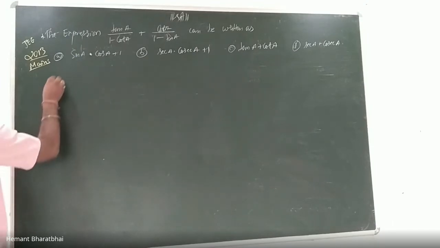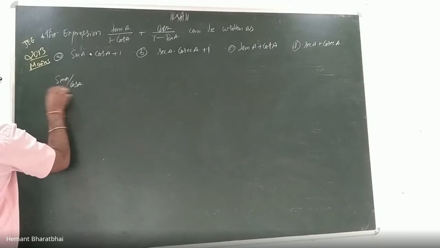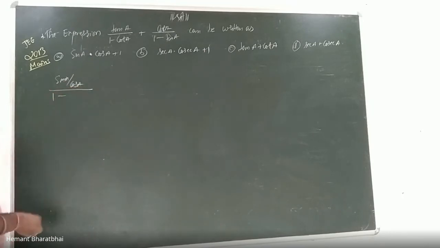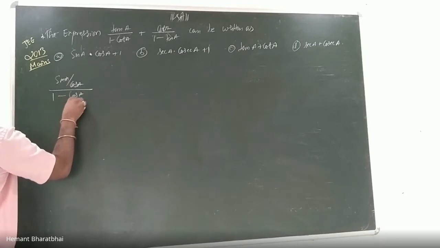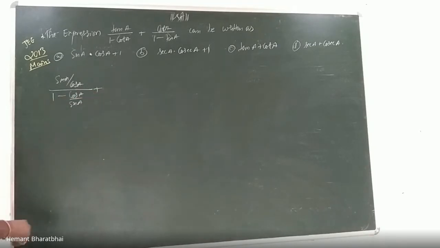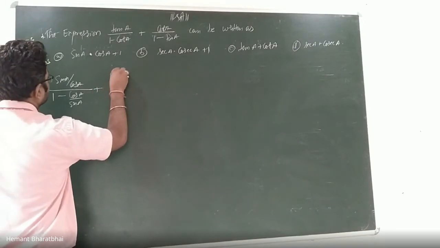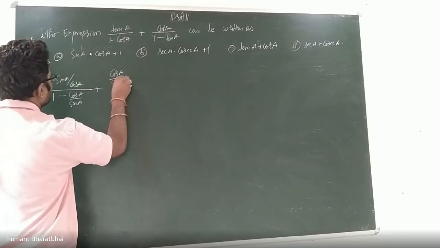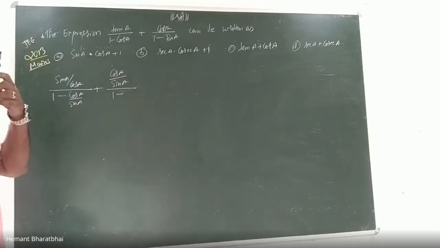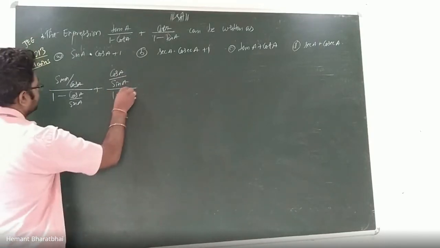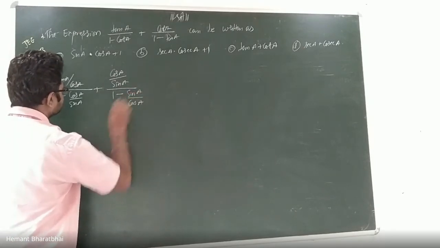Tan A can be written as sine A by cos A, the whole upon 1 minus cot A, which is cos A by sine A. Plus, similarly, cot A can be written as cos A by sin A upon 1 minus tan A, and tan A can be written as sin A by cos A.